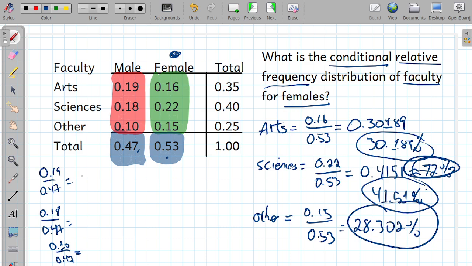Here we have 40.423%. And then we have 38.298. And 10 out of 47 is 21.277.